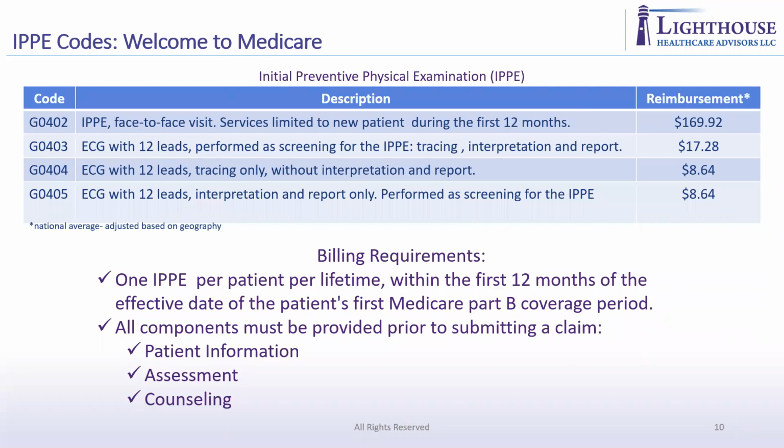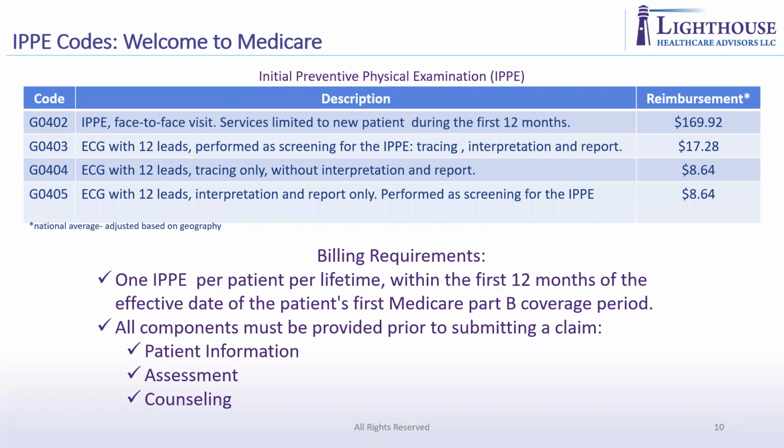So our requirements, again, it's 1 IPPE per patient per lifetime, and it has to be within that first 12 months of the effective date of the patient's first Medicare Part B coverage period. So once they enroll, you have 12 months to complete the IPPE. And then all of the components we discussed in the previous slide have to be completed prior to submitting the claim. We have to collect all the patient information, complete the assessments, and then perform the counseling services.